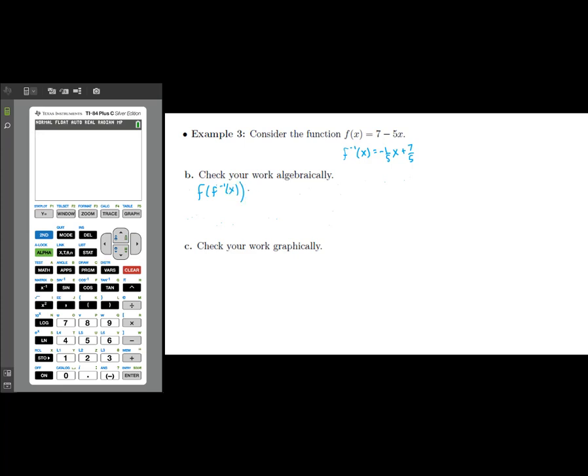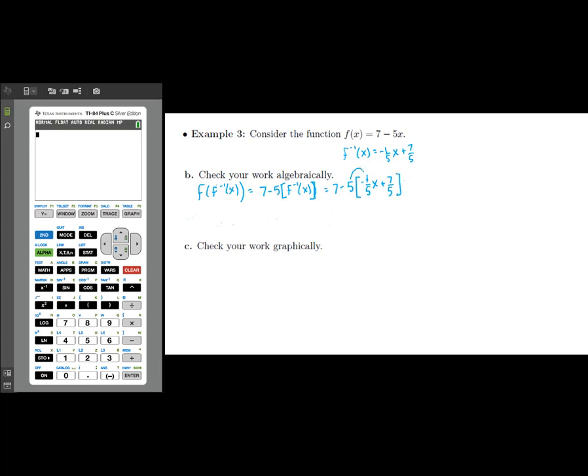And of course what we're looking for is that x pops out at the end. So f is 7 minus 5 times its input, but instead of x for the input, I'll put f inverse of x, which is 7 minus 5 times negative 1/5 x plus 7/5.